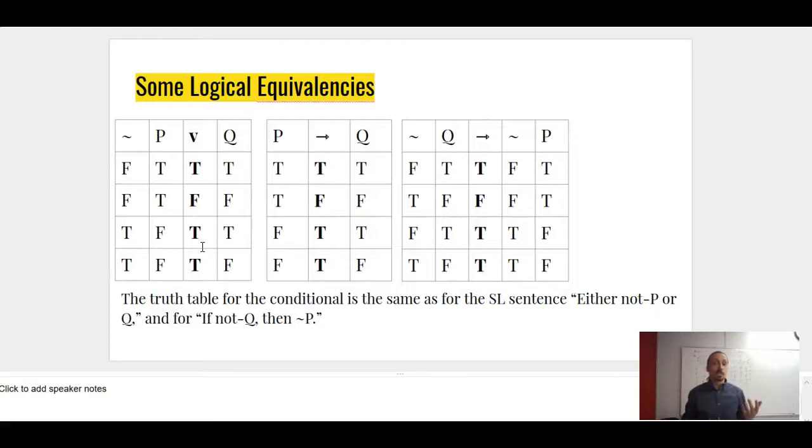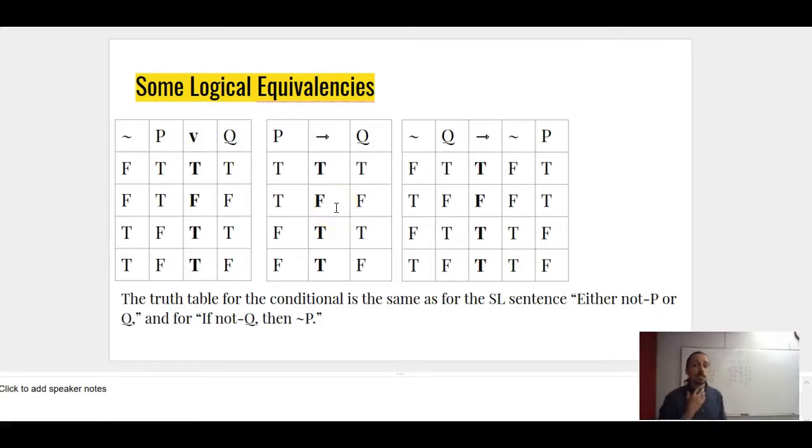So it's either not P, or it's going to be Q, or both. If not P is the case, then what's going to happen? False, false, then true, true, or it's going to be Q. Q is true, true, true. So it's an interesting little equivalency.